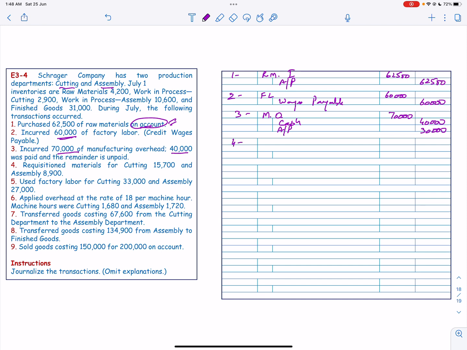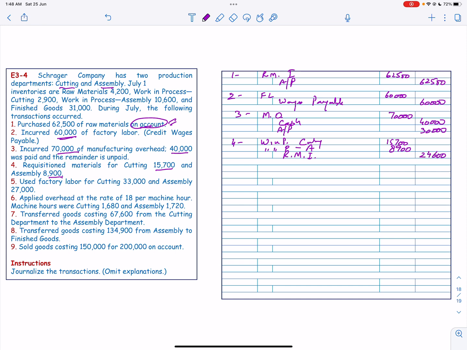We move on to number 4, requisitioned materials for cutting 15,700 and assembly 8,900. So work in process cutting is 15,700 and work in process assembly is 8,900. So raw material inventory will be credited by 24,600.